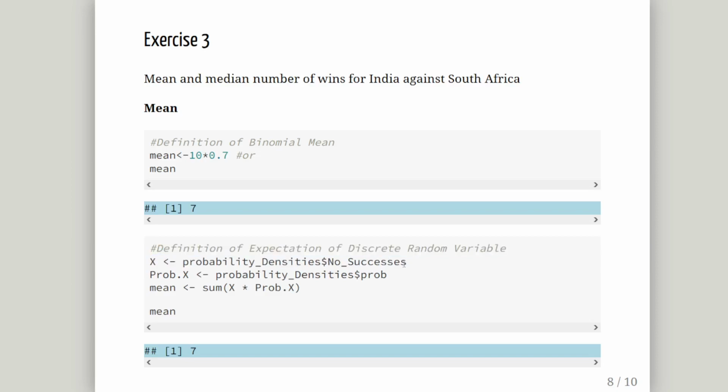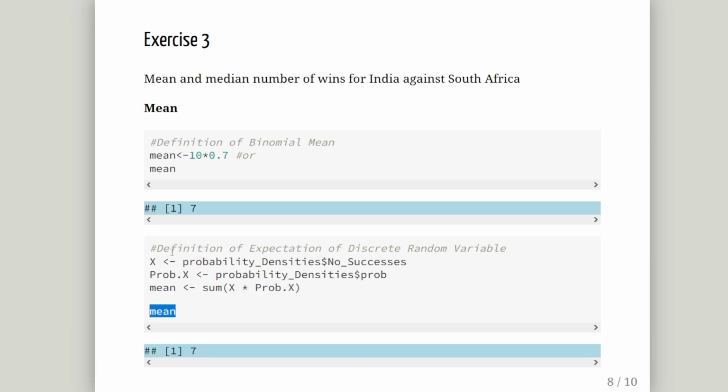So what we can do is take x to be the number of successes from that column of the probability densities and the corresponding probabilities. We multiply each possible outcome by the probability of that outcome, and we sum them up. That is our mean, and our mean turns out to be 7.